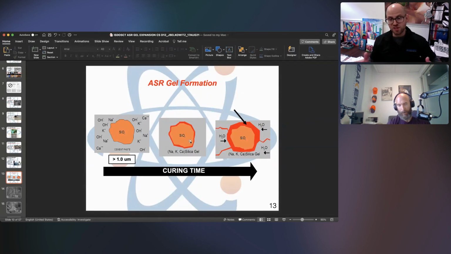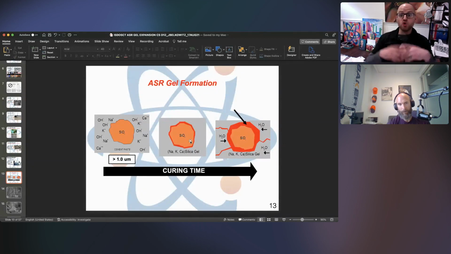It creates this gel. And this gel, while it's very elastic, grows at this interfacial zone between the paste and the rock, where there tends to be a lot of pores, and it starts expanding into open space, creating these internal pressures. These internal pressures overcome the tensile and shear capacity of not just the cement paste, but oftentimes the rock.